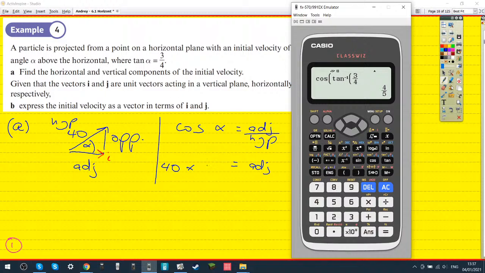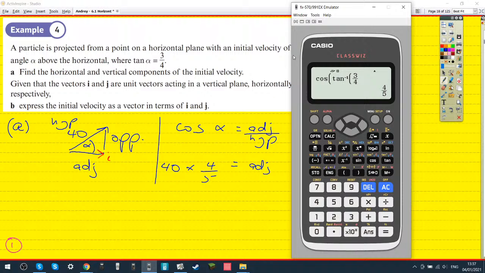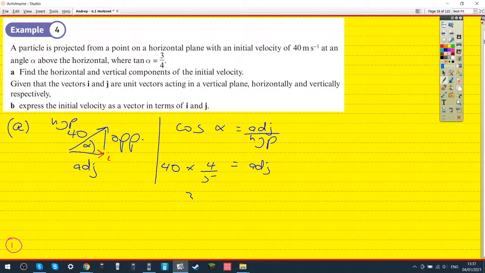And so it is 40 times that, which will be 36. That's it. And so 36 is the adjacent, which is also the i. So that's like 36i. Okay, how about the j direction?